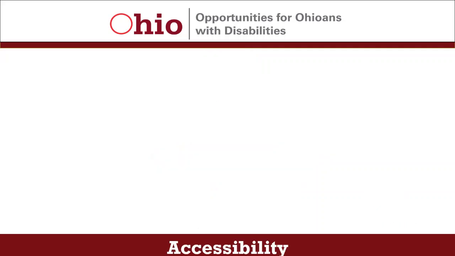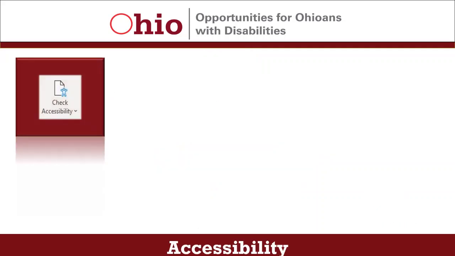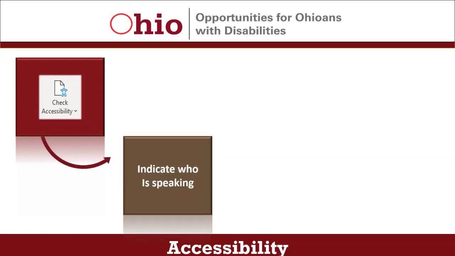Sure. We plan for accessibility from the start. For example, we use the accessibility checker that is built into Microsoft 365 to review the learner's guide in PowerPoint. We address color contrast, font style and size, and add alternative text, known as alt text, to visual images. Also, in our delivery, Kelly and I mention each other by name as the conversation between us goes back and forth to indicate who is speaking.